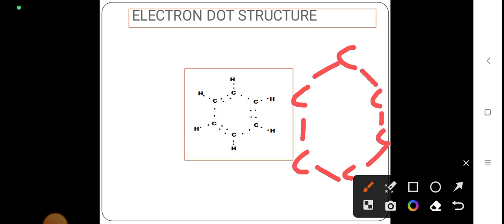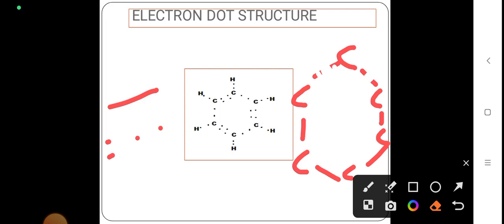Just observe, wherever you have a bond, replace it with 2 electrons, because we know every bond is made up of 2 electrons, isn't it?